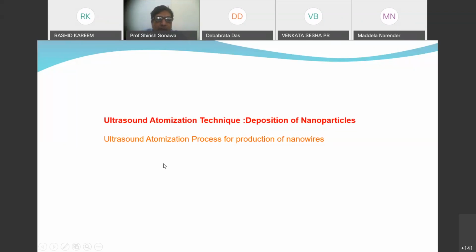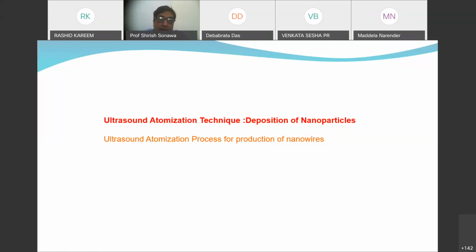Now, using this ultrasound, we can prepare these droplets quite smaller in size compared to the conventional air-based pressure methodologies or aeration methodologies to produce the droplets. If you look at nanoparticle production, in some cases the atomization process has been utilized.